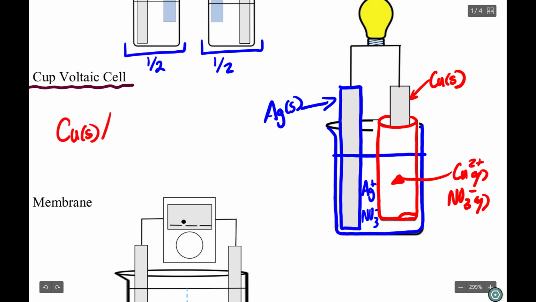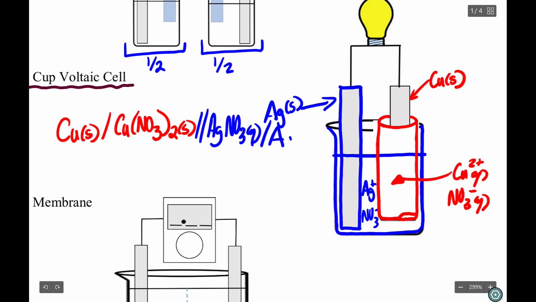I know that this is going to be the anode because copper is lower down the table than silver. And then we're going to have the double slash. I would have my silver nitrate solution, aqueous, and then silver solid. And that would be my cell notation for this. So that's a porous cup.